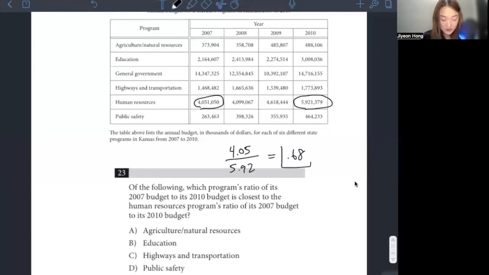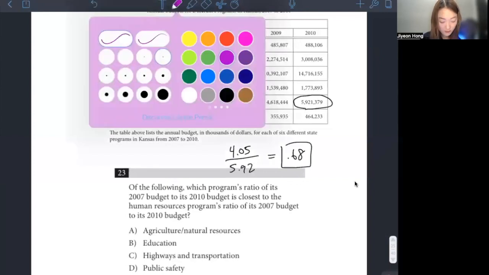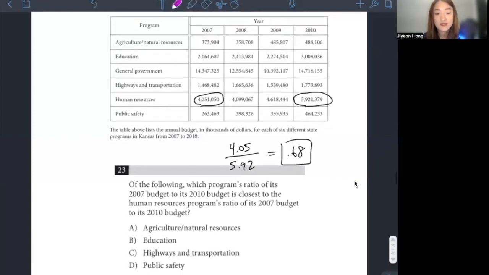So what I'm going to do is do the same thing for all 4 of these categories and see which one is closest to the 0.68. And for this, I'm going to get 3.73 divided by 4.88. If it makes you feel better, feel free to put in the entire number. I like simplifying things to save time.